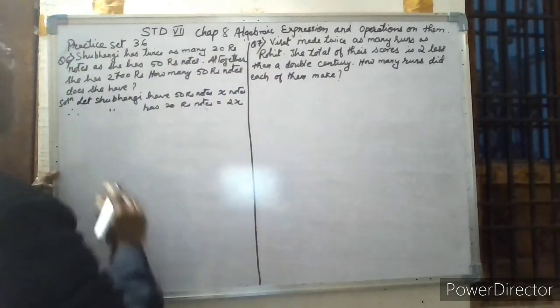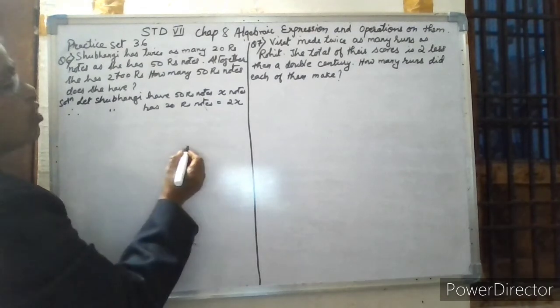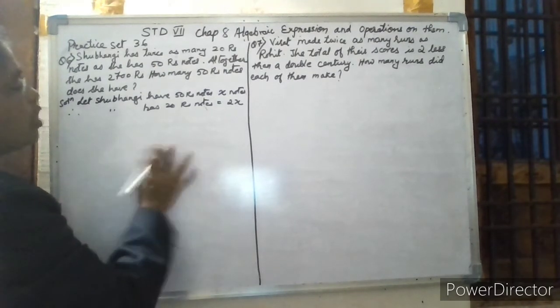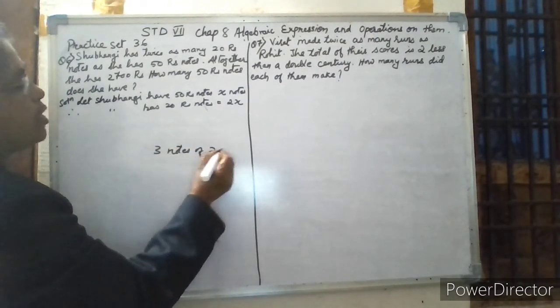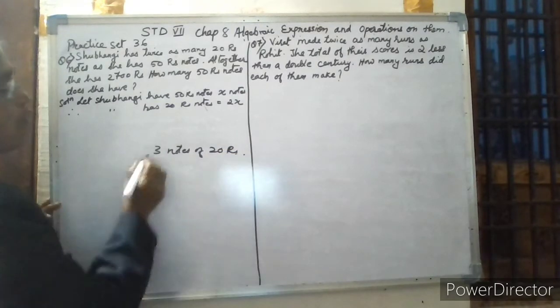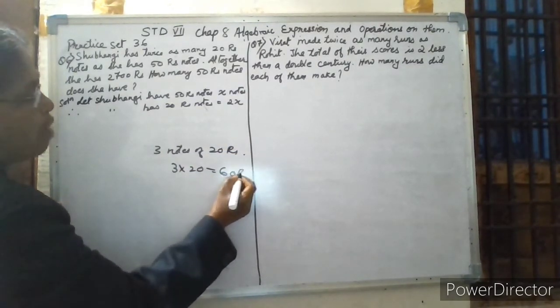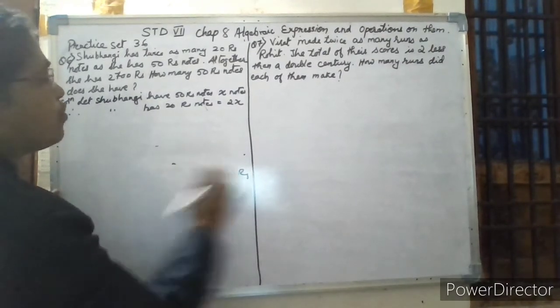So by condition, altogether value, see, if I am having 3 notes of 20 rupees, then how much money am I having? 3 into 20, that is equal to 60 rupees I am having with me. In the same manner, we have to multiply and then find out.